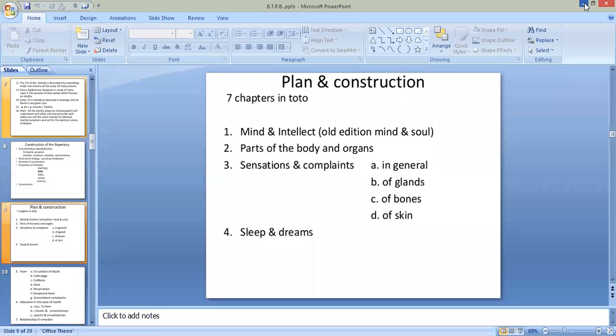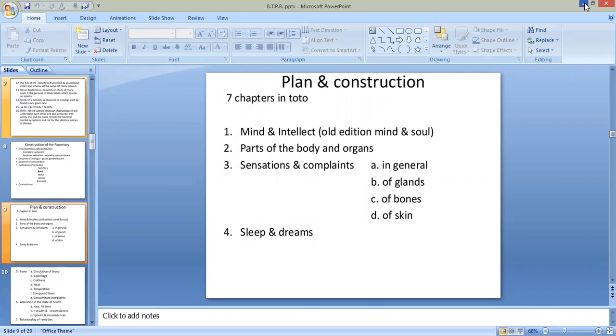And especially this arrangement we find under the second section of this repertory, that is parts of body and organs.